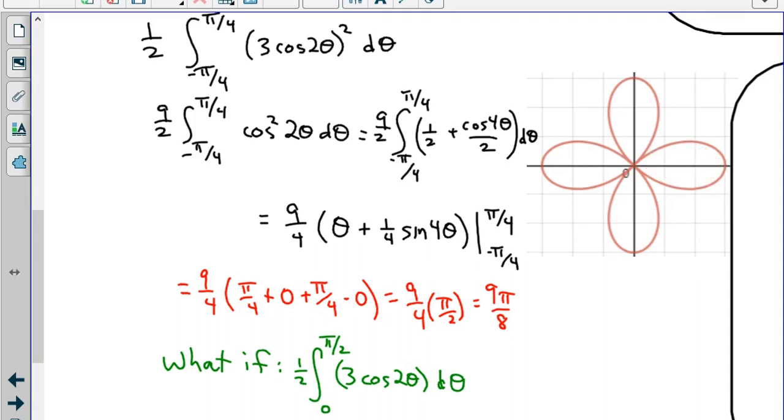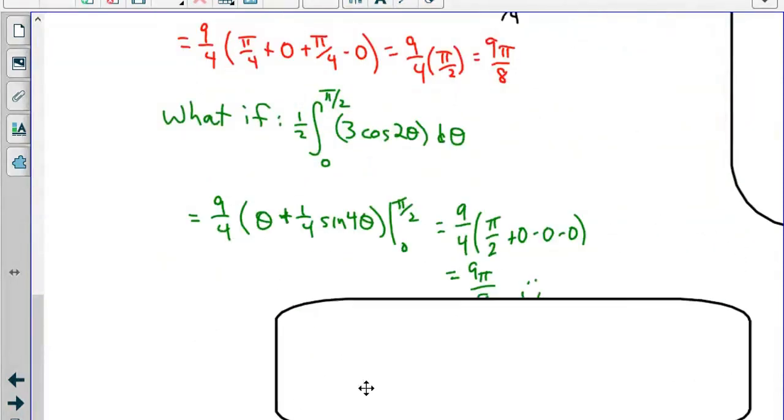But if instead I find the integral from 0 to 2 pi, that's tracing it from 0 to 2 pi. That's essentially finding this area plus this area. And notice that that should be the same area. I did a little calculation of that, and it ends up working out.